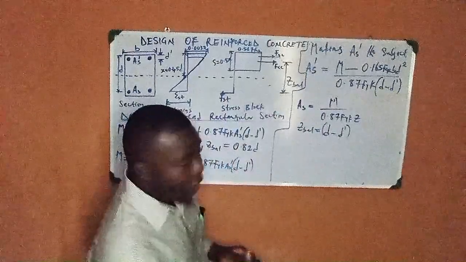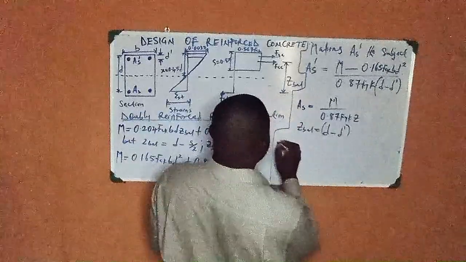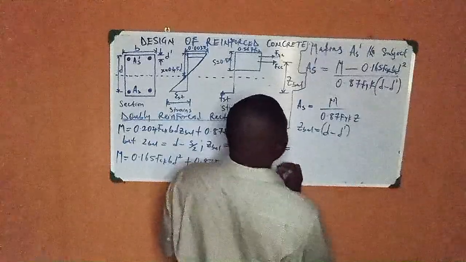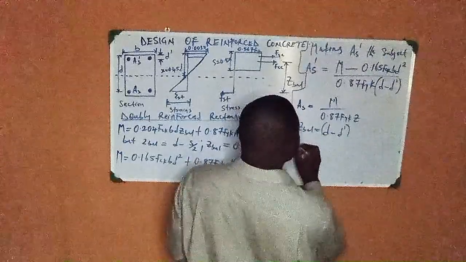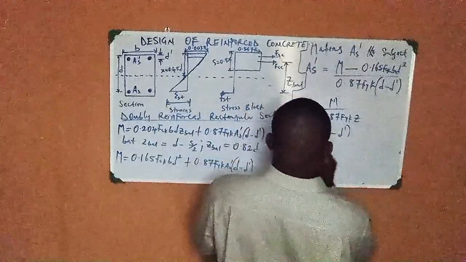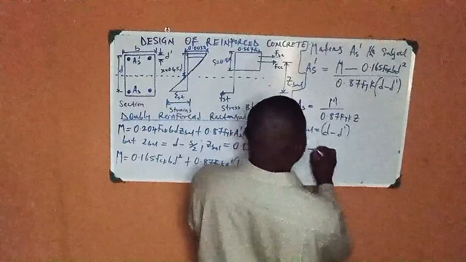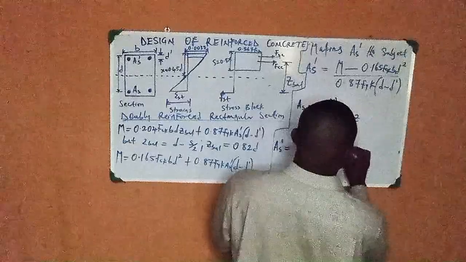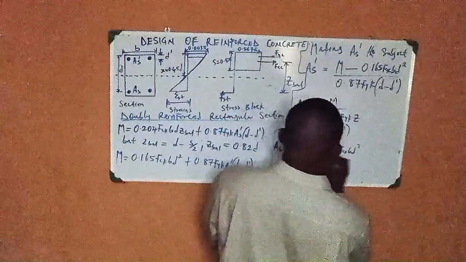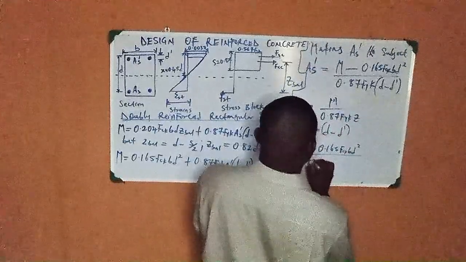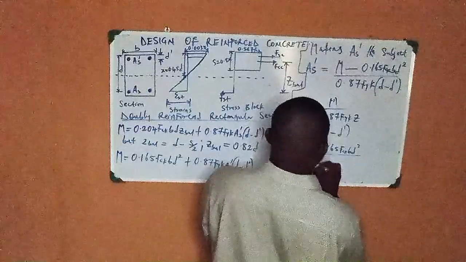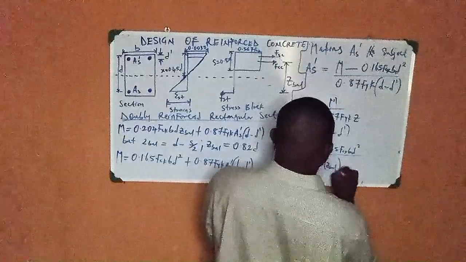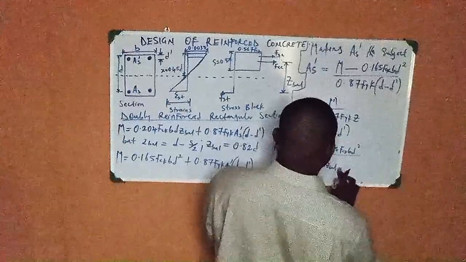So I simply make it this way. If I should now substitute, I have that my As prime is equal to minus 0.165 fck bd squared over 0.87 fyk z bar, simply z bar like this.